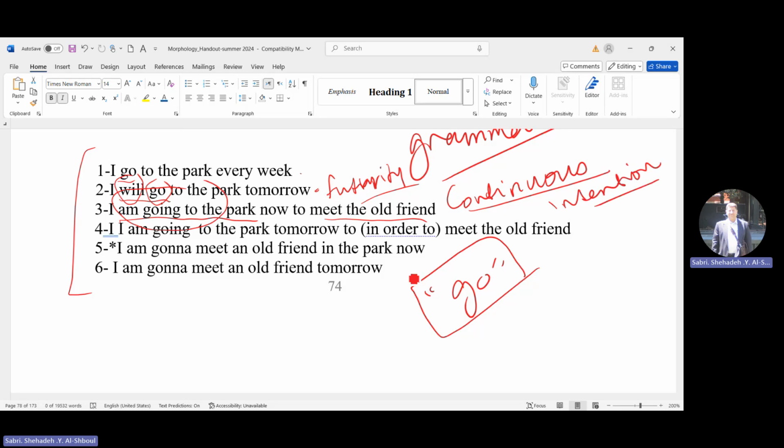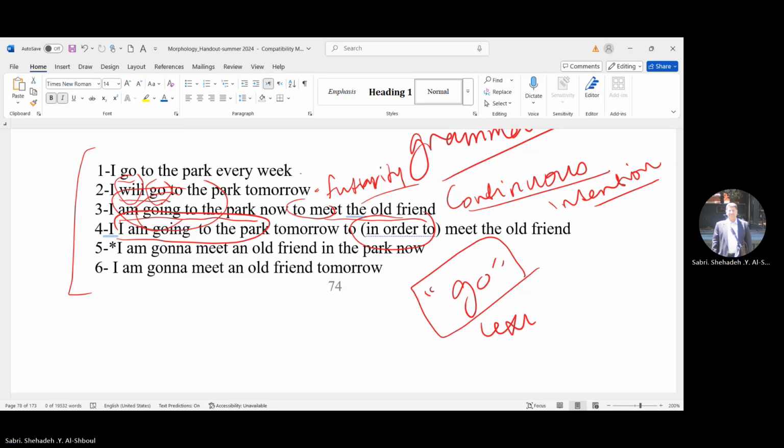So here, going to is a lexical verb. The function for the verb going is to meet an old friend.